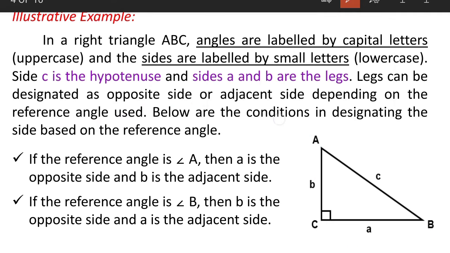If the reference angle is angle A, this will be the theta. Then, a is the opposite side. This a is opposite to angle theta. While b is the adjacent side. So if a is opposite to theta or angle A, the adjacent is b.